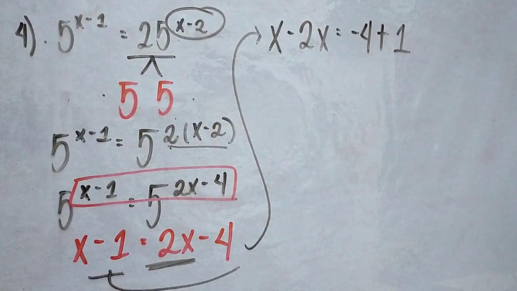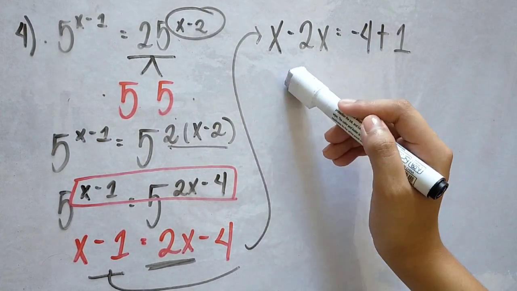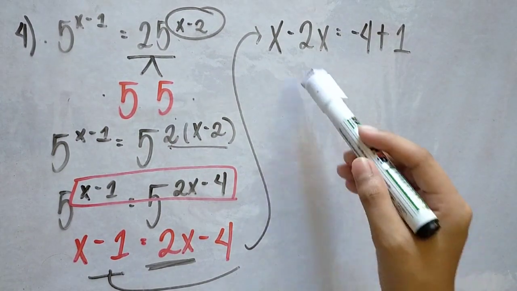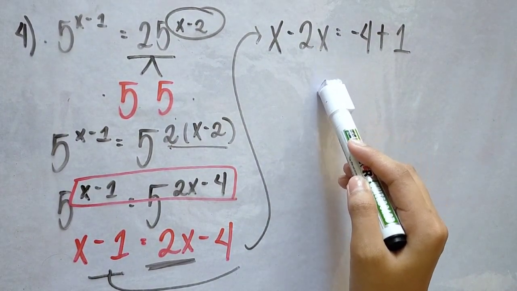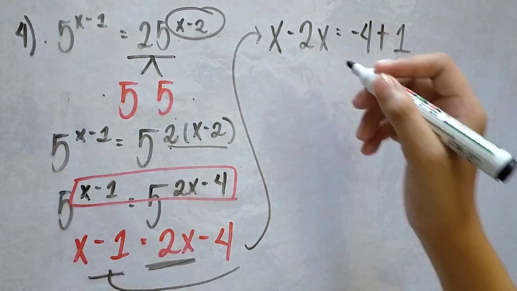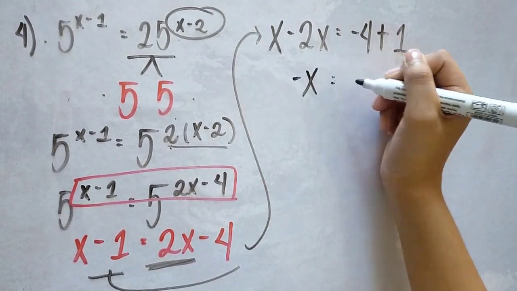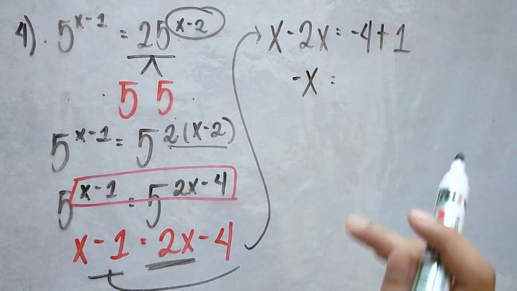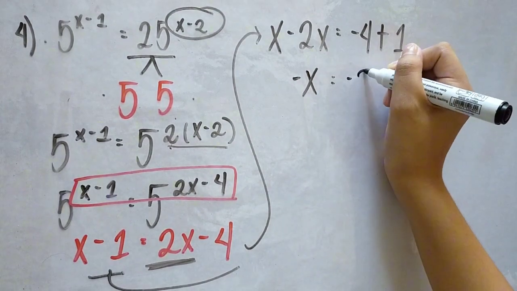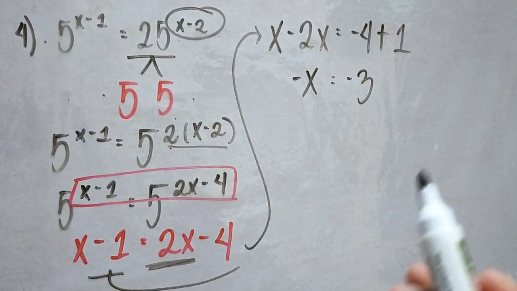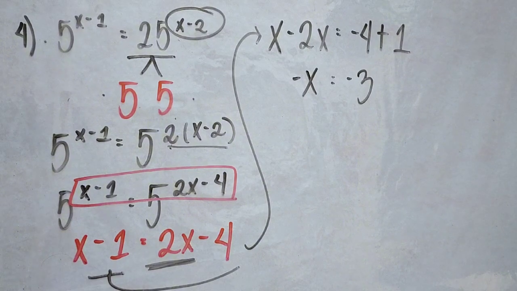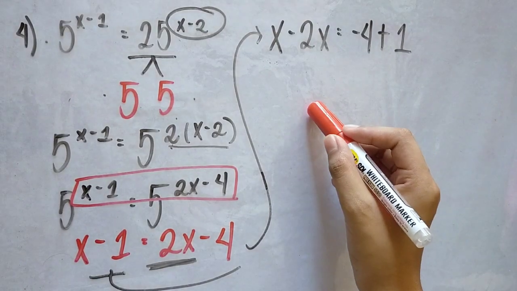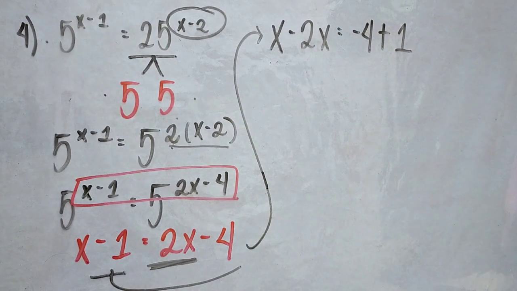Solve na natin to. X minus 2x. Since yung negative 2x, babawasan natin ng isa pa, magiging negative x pa rin siya. And once binawasan natin ng isa, yung negative 4, magiging negative 3 siya. And as you can see, both of them are negative. Para maging positive silang dalawa, since we are finding the value of x, we can multiply the both of them by negative 1.